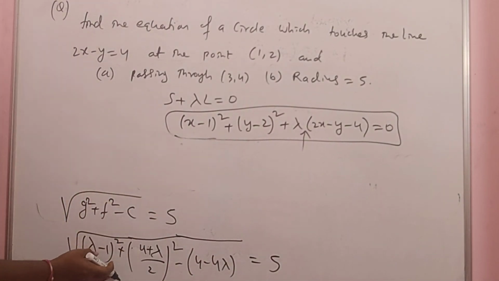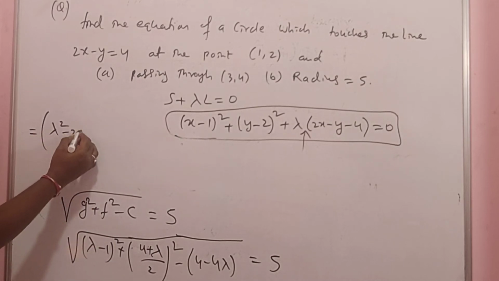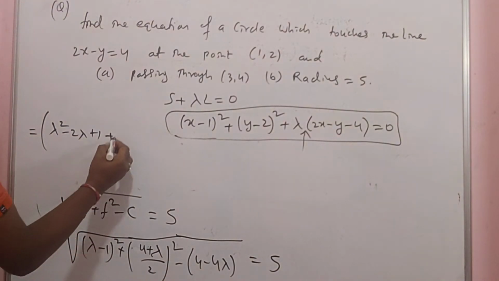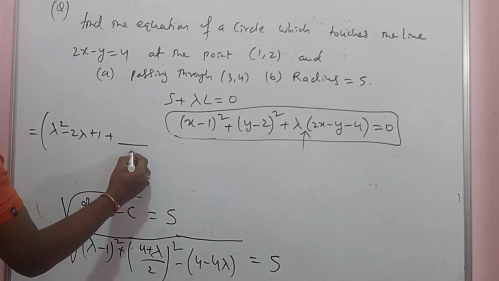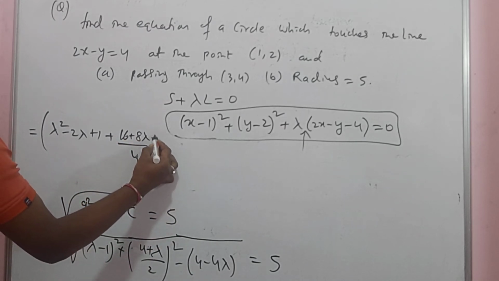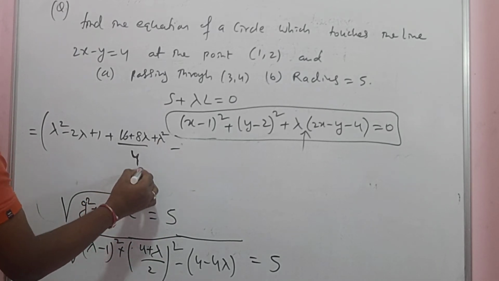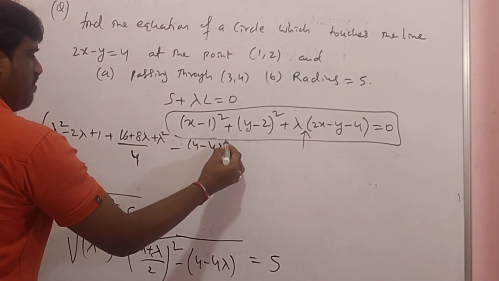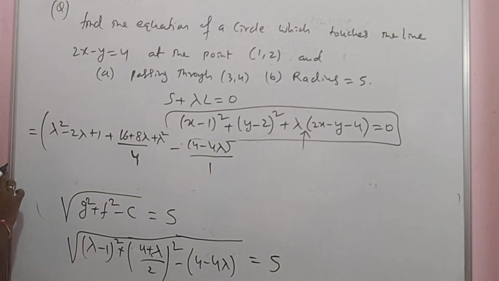Now you can do, this is very simple, you can write it with the (a minus b) whole square formula: lambda square minus 2 lambda plus 1, plus, here I can write 4 square separately, square on the numerator, square on the denominator is 4, this is 16 plus 8 lambda plus lambda square, and minus you have here 4 minus 4 lambda divided by 1, and this total value is in the square root, right?